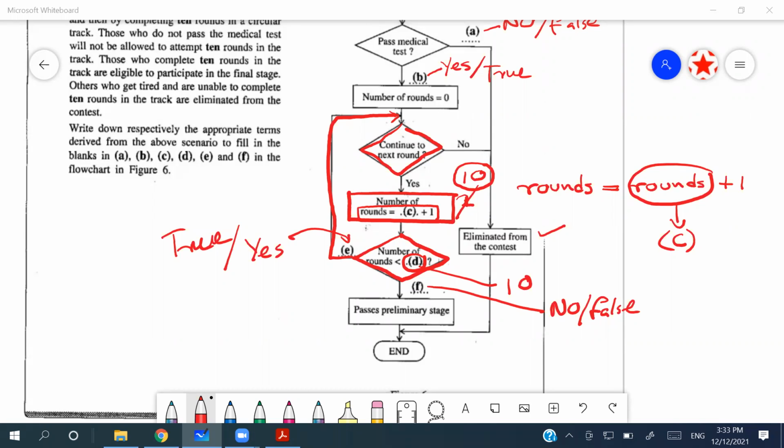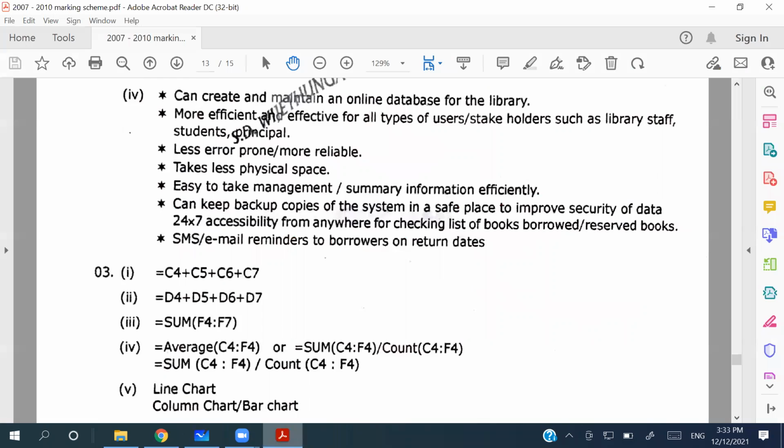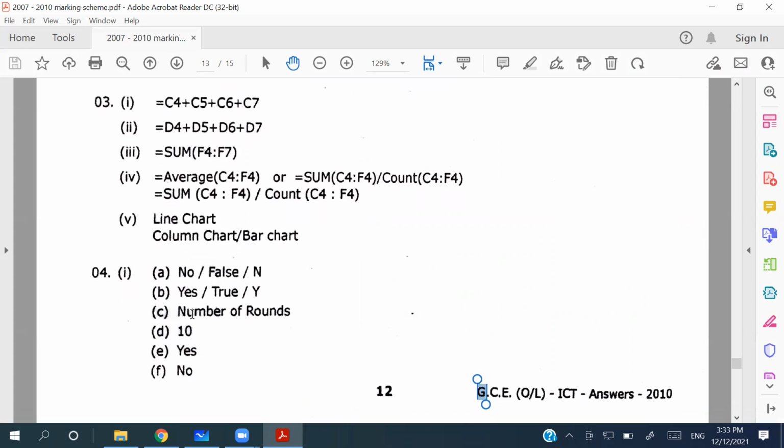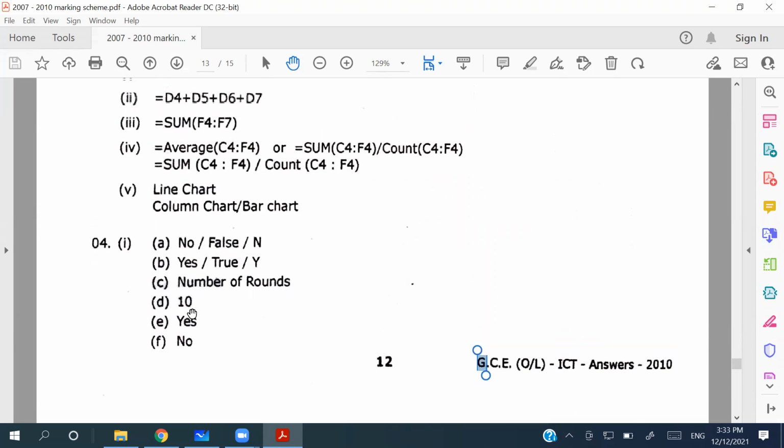Minul, hold on. Let me check. Yeah, they have said N, but it's better you go with yes, no, or true and false, right? Much better. So if you answer in this manner, you can have 1 mark for each, I guess.